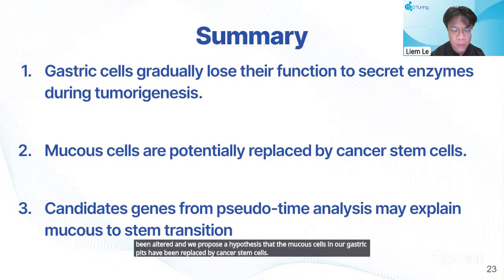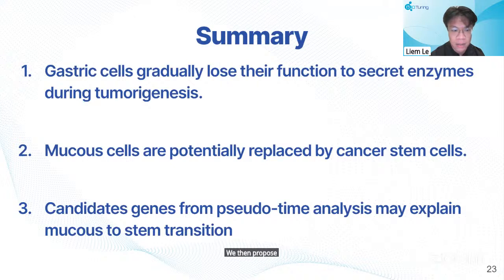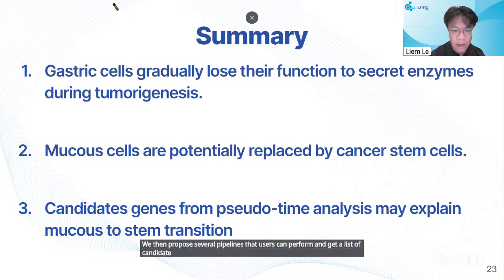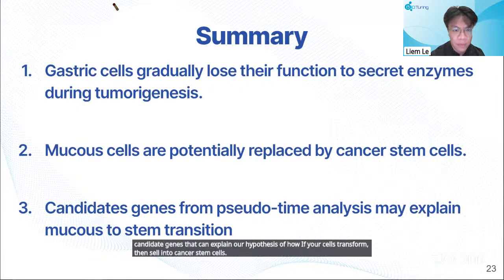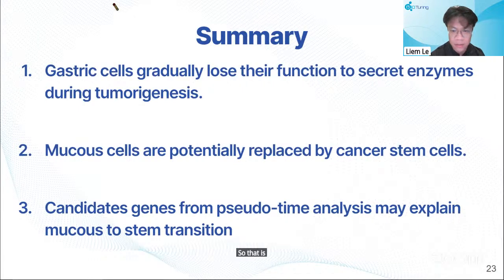We then propose several pipelines that users can perform and get a list of candidate genes that can explain our hypothesis of how mucus cells transform themselves into cancer stem cells. So that is the summary for our talk today, and thank you for listening.